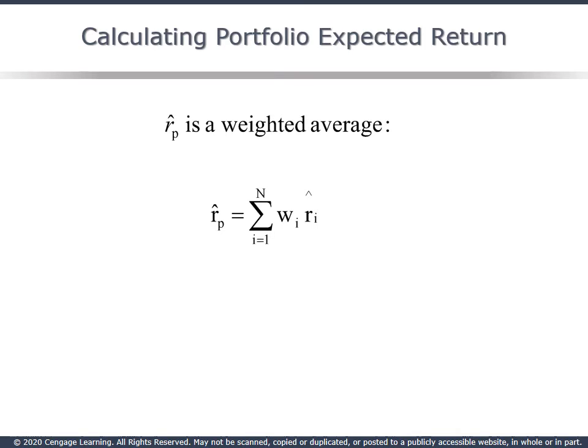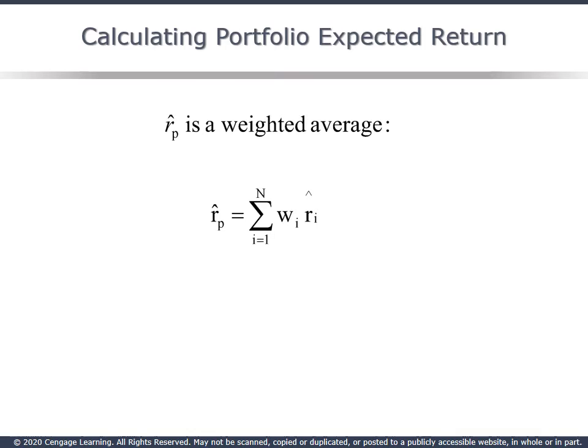Each one will be multiplied by the weight that it holds in that portfolio. We will take the weight of an asset, multiply it times its expected return. We will do that for all of the assets within that portfolio. We will then take all of those products and add them together.